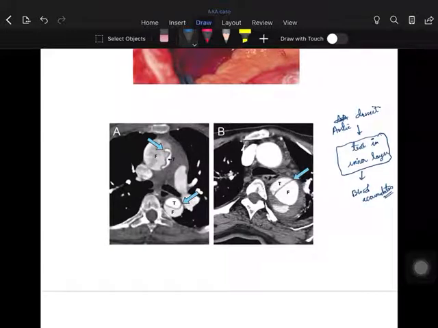So what you see here is a CT transverse section. This is your vertebra, this is the right side, this is the left side, and your aorta is anterior, just anterior and left side to the vertebral body.